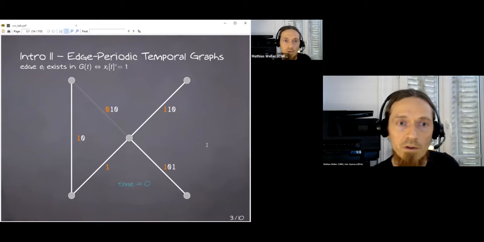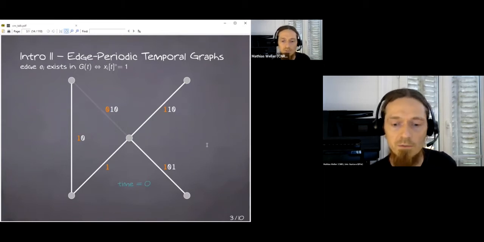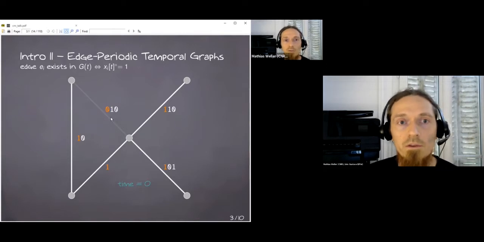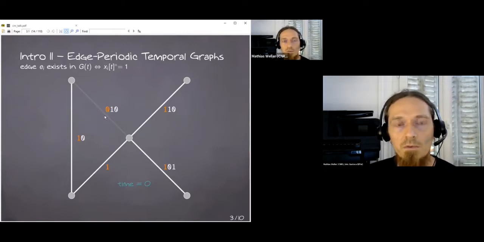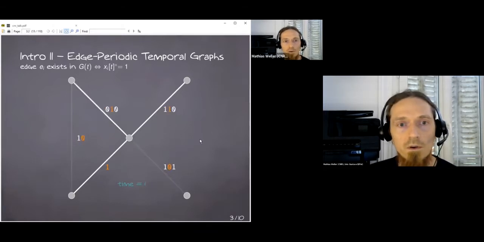Okay, so for example, at time step 0, this graph looks like that. We only have this edge here, which does not occur because it has a 0 at position 0. Everyone else will occur. So in time step 1, everyone shifts one further. Now we have these two edges that have a 0 in their sequence, so they do not appear.